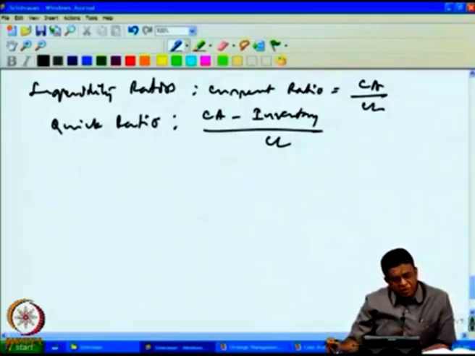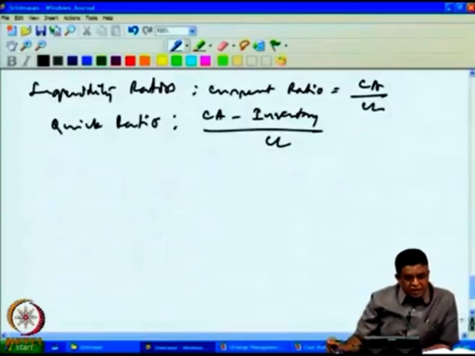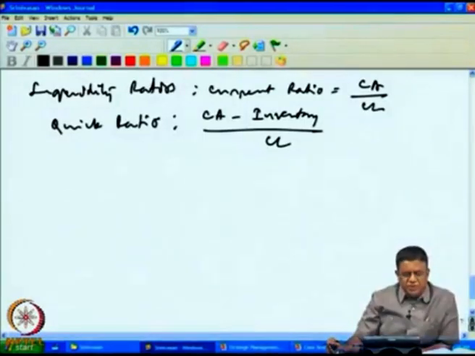Suppose you are not able to convert immediately, then you want to find out through the quick ratio by how much the current assets are covering the current liabilities without taking into account the inventory. So, it is a measure of the firm's ability to pay off short term obligations without relying upon the sale of inventories.